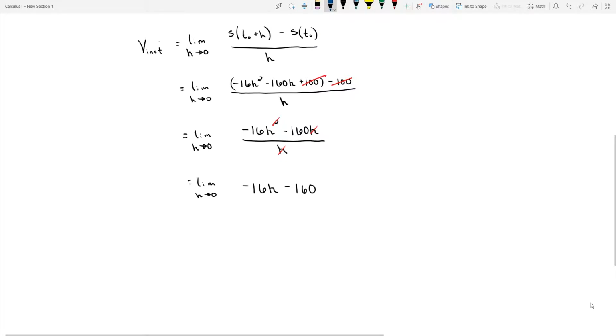There's another way you could do that. At this point, we could take negative 16h squared minus 160h, and for the numerator, we could factor out that common h. So we could bring that h out, and in doing so, we would end up with h times negative 16h minus 160 divided by h.